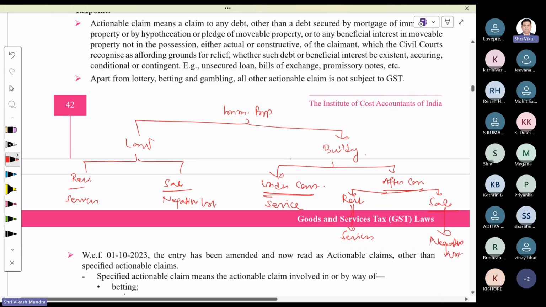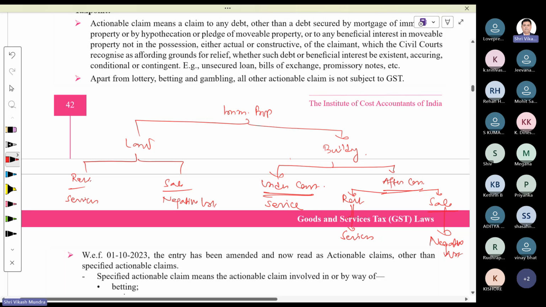No GST. So how could I identify whether construction is complete or not? Ideally, you are required to check the completion certificate from the local authority, the date on which an under-construction building obtained a completion certificate from the local authority.